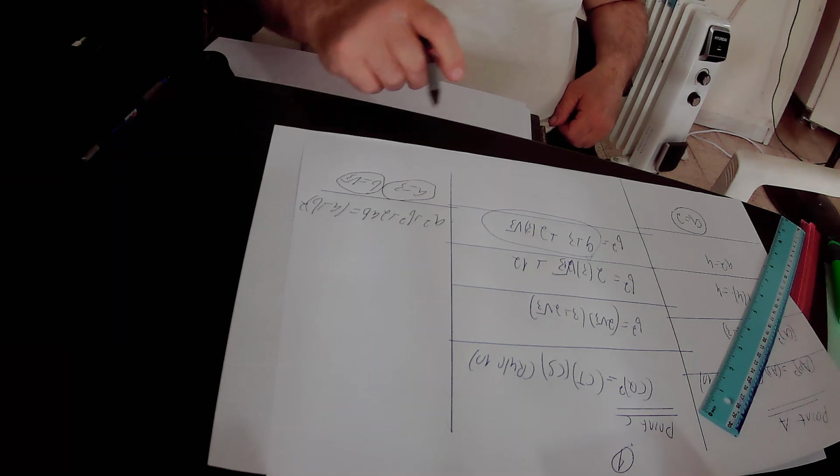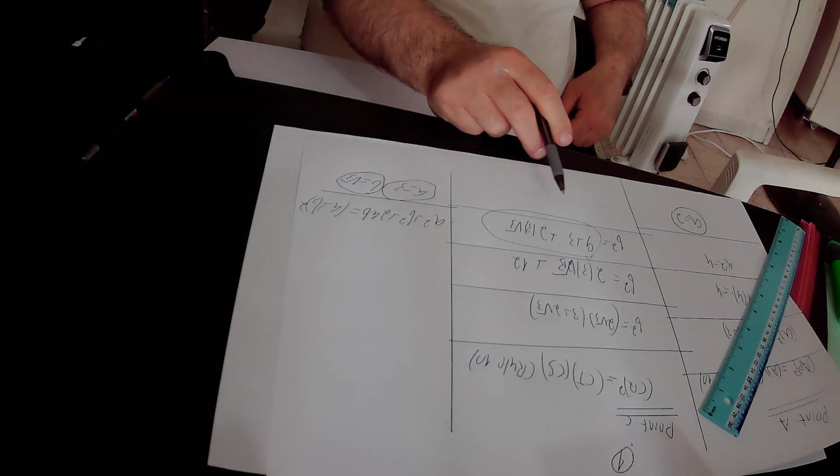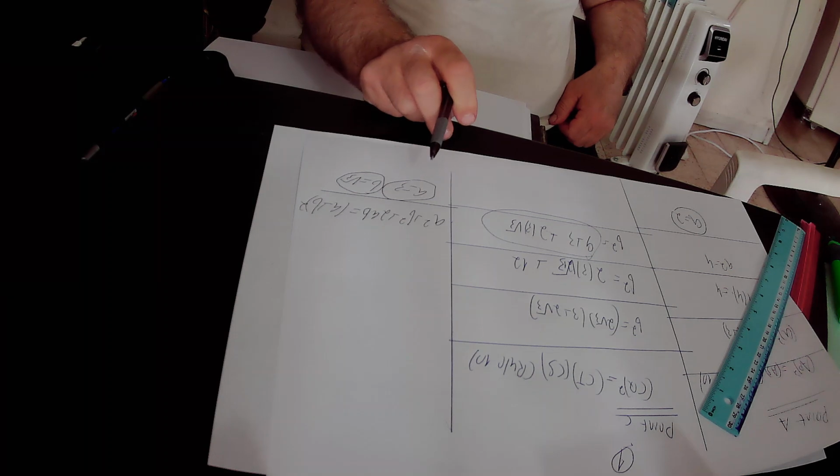And we know that a squared plus b squared plus 2ab equals a plus b squared. So this expression also equals a plus b squared according to this algebraic identity.